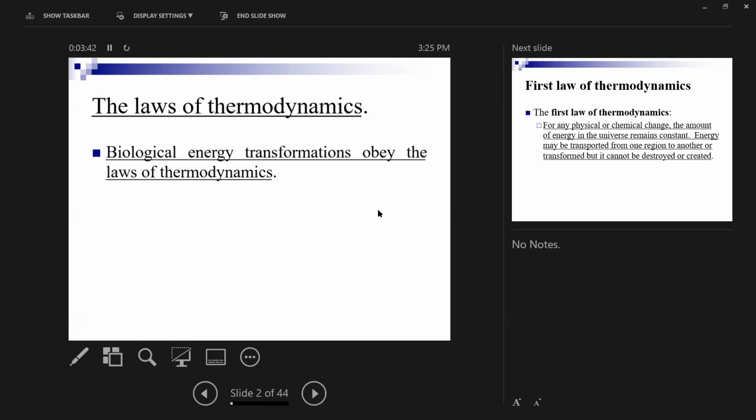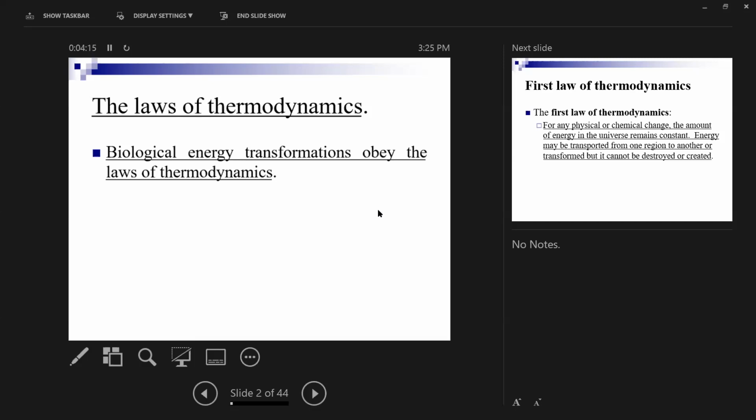When we started this class many moons ago, it seems now, we talked about how biological systems do not violate the laws of chemistry and physics that describe chemical reactions and the behavior of molecules in our universe. Life was thought to be an exception to those rules for a very long time. Now it's clear life is not an exception to those rules.